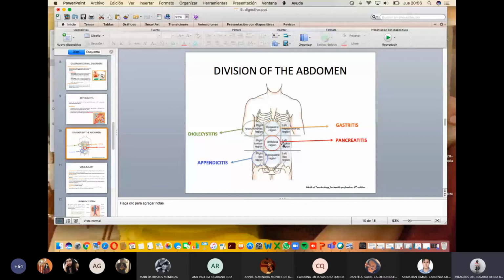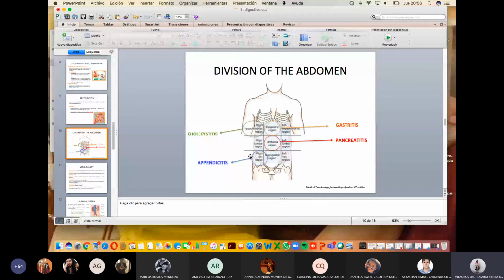For pancreatitis, it can be located in the epigastric or in the umbilical region, and then it has a band-like radiation. So it goes like a belt. And in appendicitis, the pain starts in the epigastric region, and then it goes to the right iliac region, okay? This is important. Remember this for the exam.